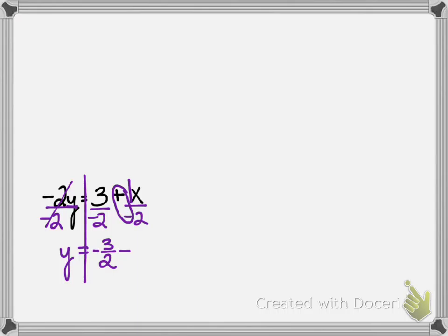Had it been a 5 divided by 2, had it been off to the side, 5x divided by 2, you would have had no problem, because you would have most likely left it 5x over 2, or 5 over 2x. The problem comes when you don't have a coefficient. In the case of this problem, you only had an x.